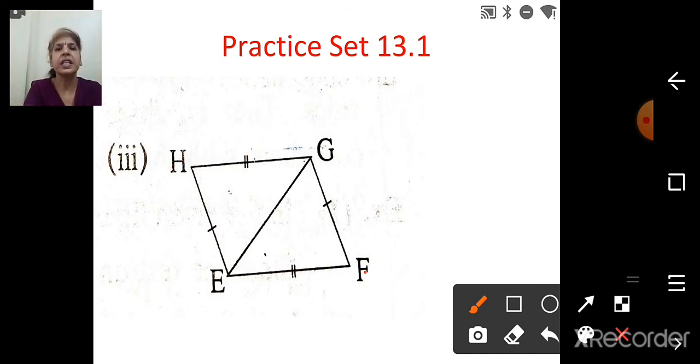What we have studied is three specific parts should be given. Here two are given, identical marks. And which is the third one? Then you have to find out. Third one is this common side. And for this common side, what we will write? Side EG is congruent with GE. Because point corresponding to E is G. This you have to remember. Correspondence should be given correctly.